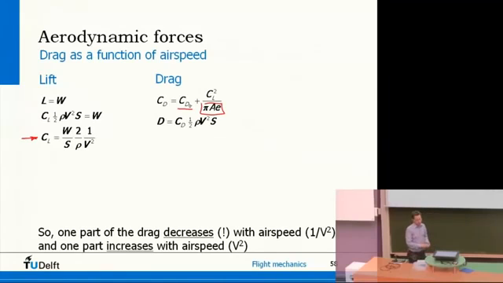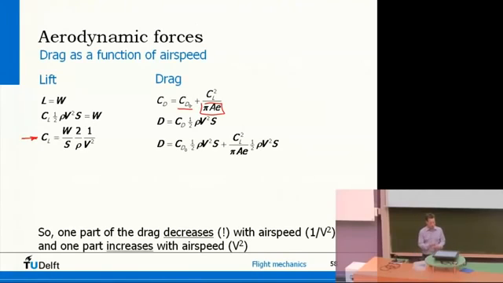Now we're interested in actual drag. So actual drag is drag coefficient times half rho V squared S, just like for the actual lift. And if we take that equation, then we can fill in the equation we already have for the drag coefficient. If you do that, you end up with this.